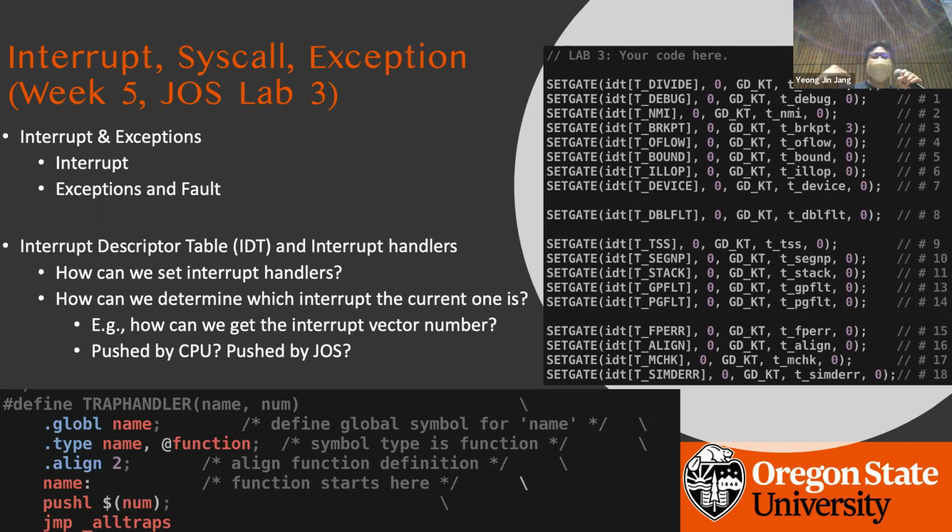To easily identify which interrupt number it is, because the CPU will never store the interrupt number, we created a handler for each interrupt number, and it will put the interrupt number in by the operating system. So if there is no assembly code that actually stores that kind of information, then that information is coming from the CPU.